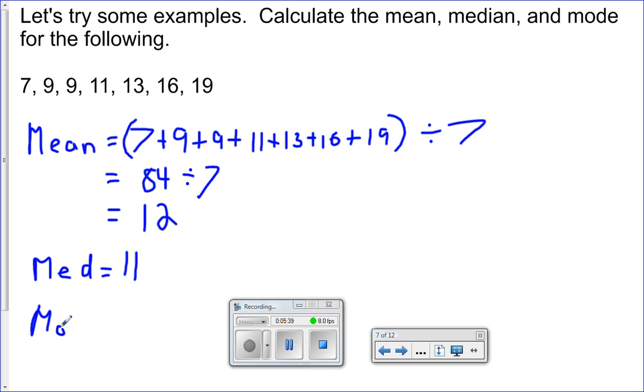And finally, for the mode, the number that appears most often is 9. So there are my three measures of central tendency. I tend to like to do the mean first. That's the one that's the most time consuming, so I prefer to get that one out of the way first, and then the last two are much quicker.